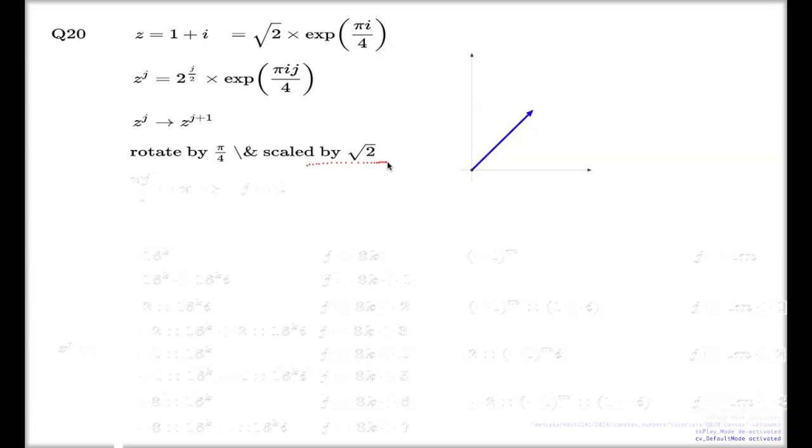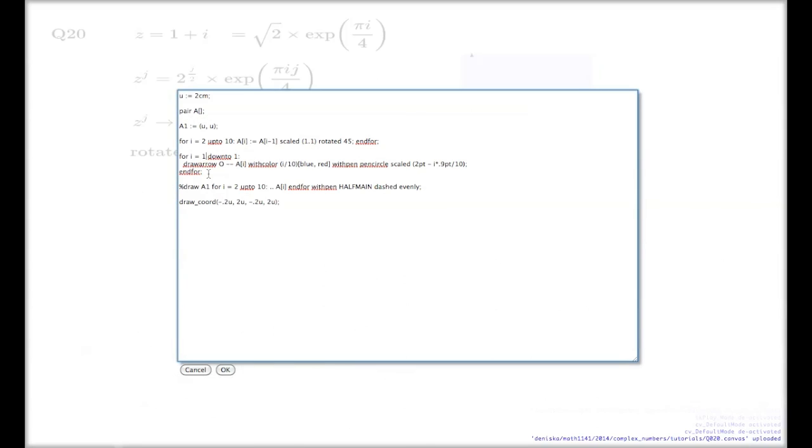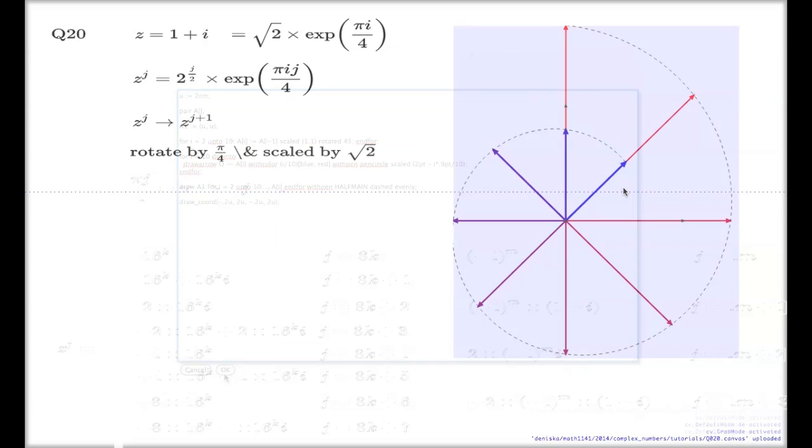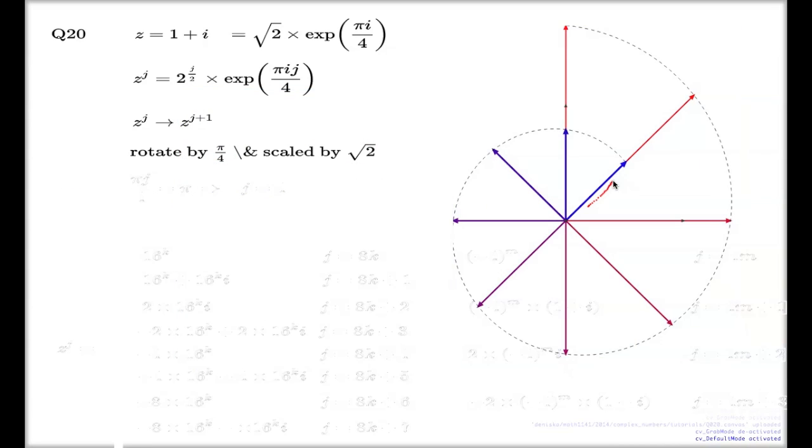So if I want to picture all of these powers on my diagram here, I have to take this vector. Every next one will be a rotation of the previous one by 45 degrees, and it will be a little bit longer, like this. All 10 of them. Question 20 asks for 10 powers. So this is my first z. This is the square, a 45-degree turn, and a little bit longer.